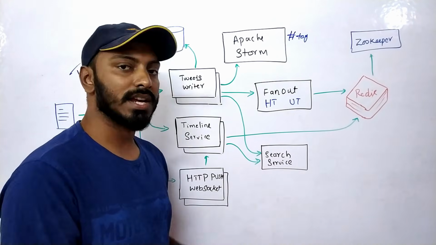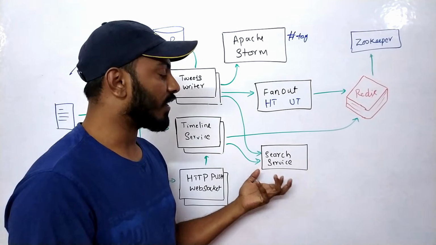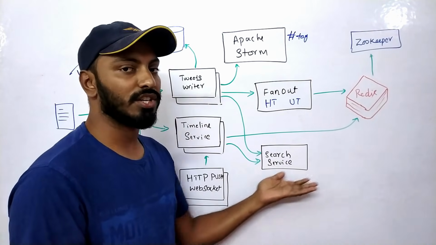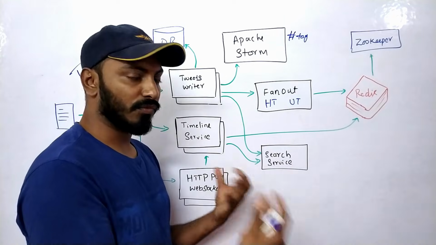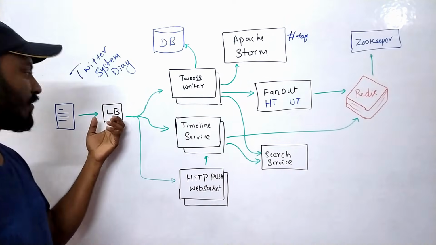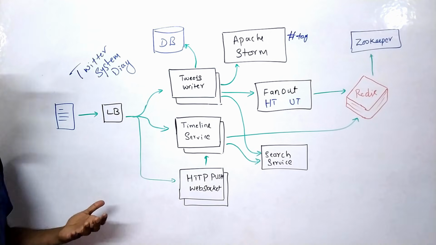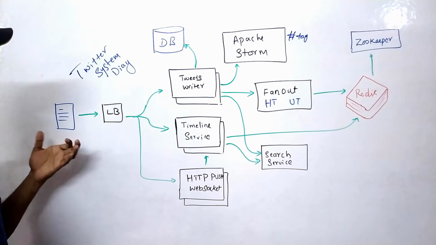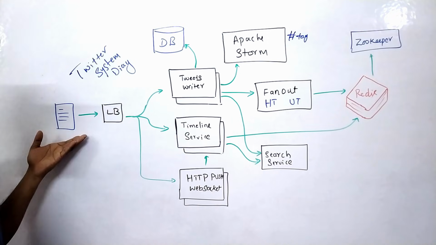That means it sends the same query to all the different nodes or data centers, and then it collects all the results from those data centers and sends them back to the application.